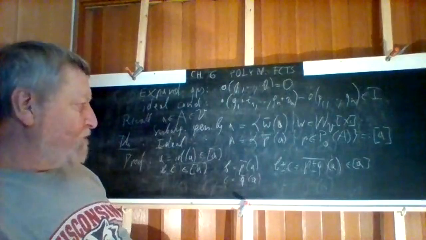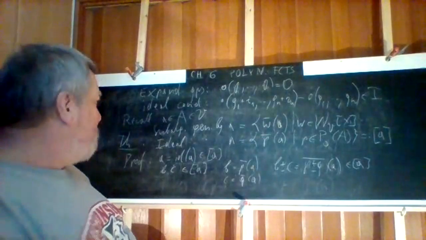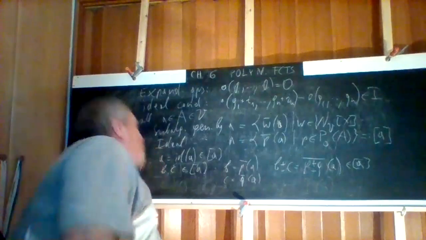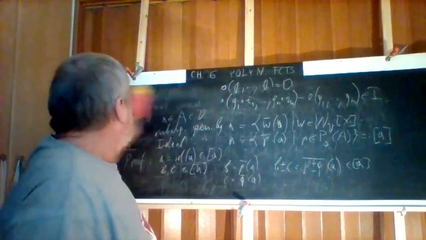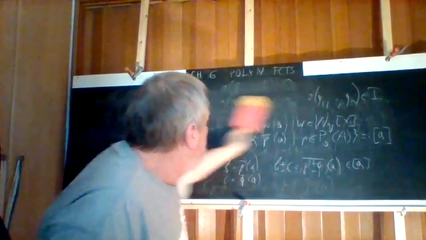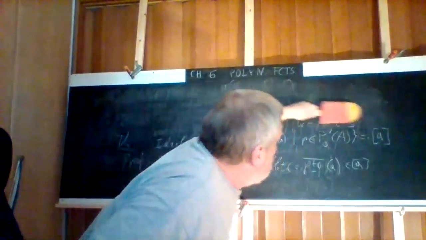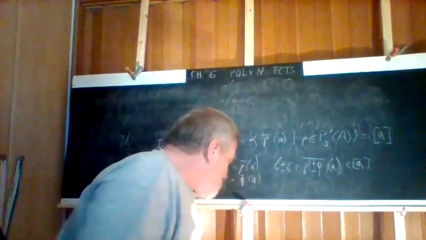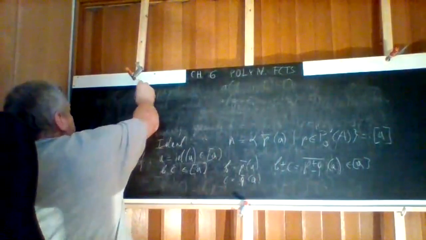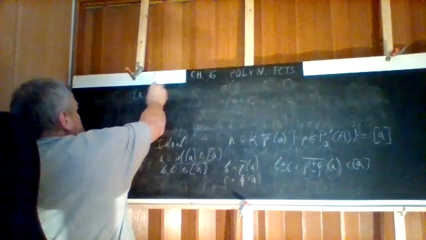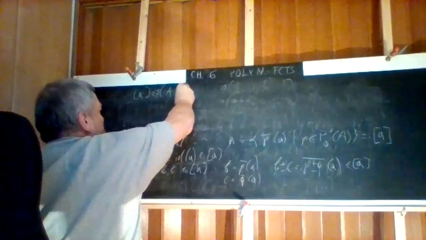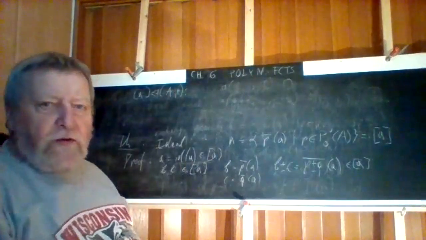Next step would be to show that it's a normal subgroup. So bracket A is a normal subgroup of A plus. We can do it in this way.